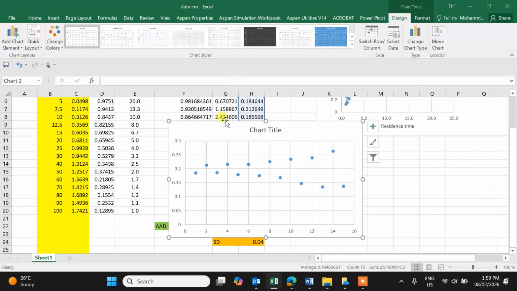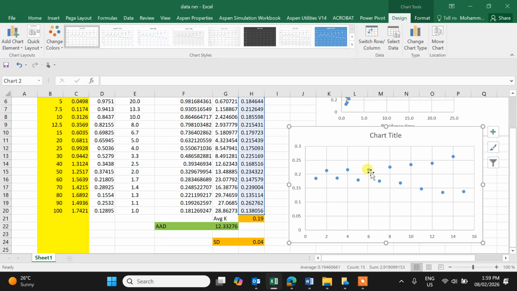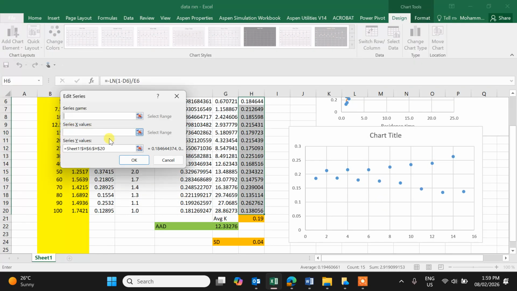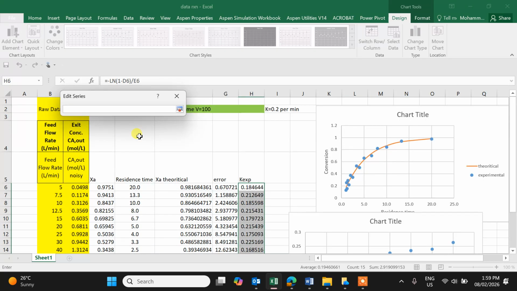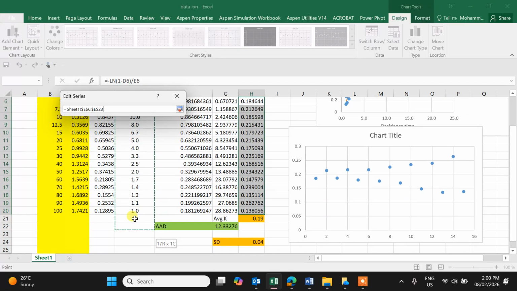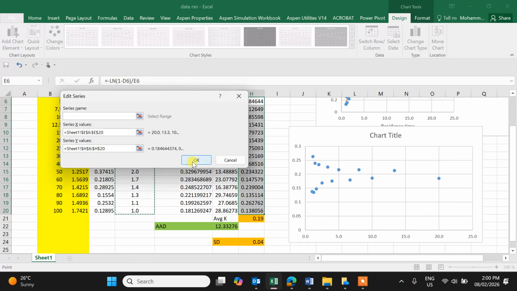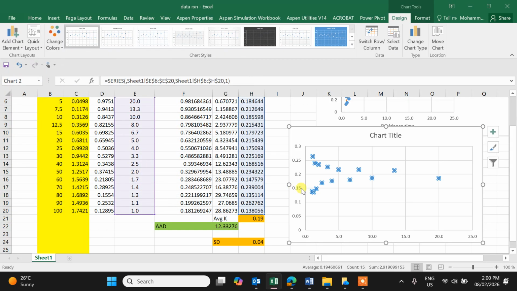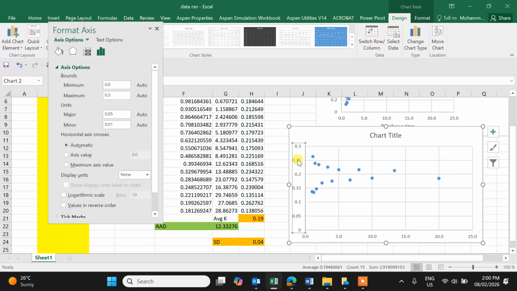So just use this one and then add the x-axis, and the x-axis is residence time. Okay, so some of these values show deviation, but because the scale is also very close, what we can do is increase the minimum and maximum.